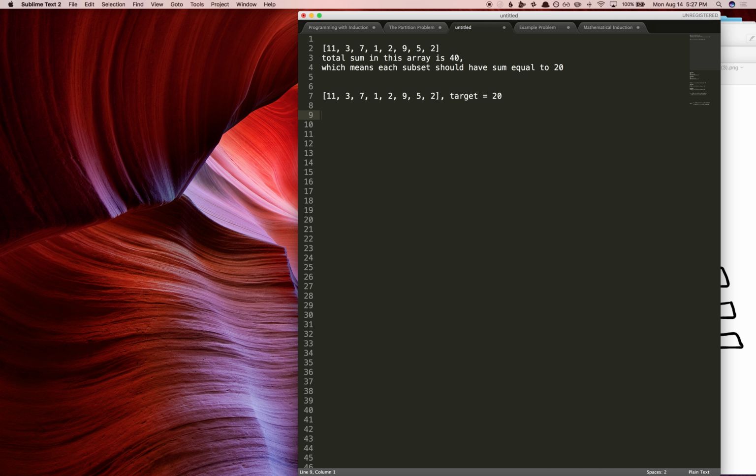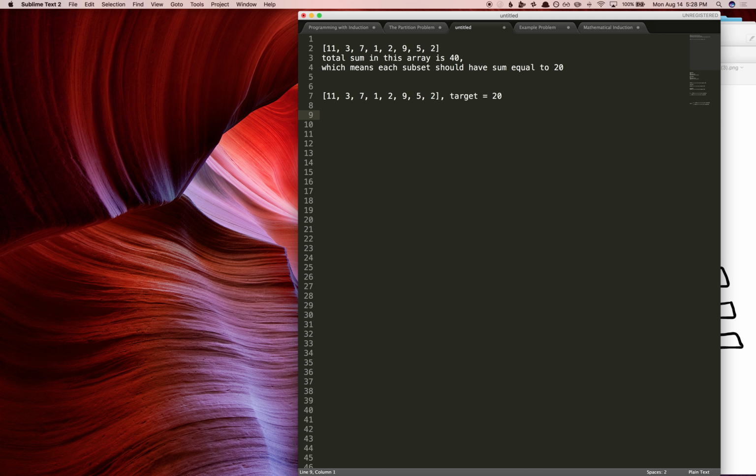The way I do this is I usually start on the right-hand side, and I want to figure out if I should take the 2 or not in my subset. I know there's two subsets that you need to know about, but you only need to track one subset. Why?